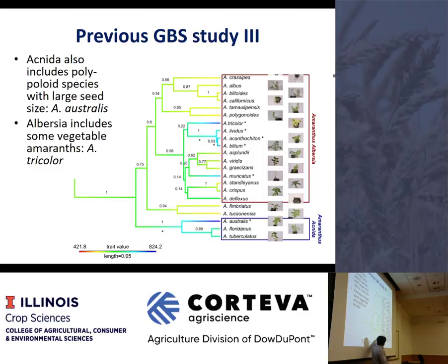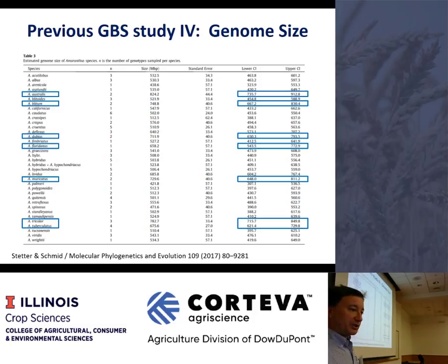But they include Australis, tuberculatus, and Floridanus, and those seem to be doubled in the amount of DNA that they have. It hasn't been confirmed cytogenetically, but it seems like they have a high amount of DNA. So this just shows that and highlights in blue boxes those species that are potentially polyploid.